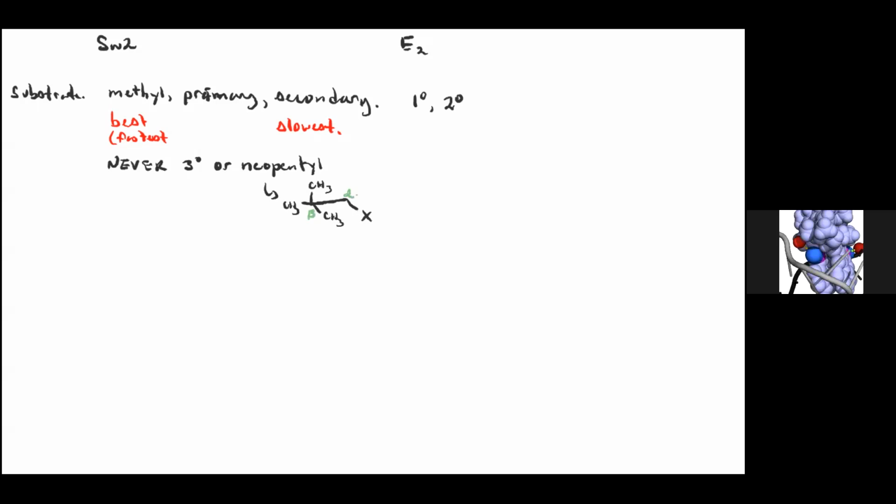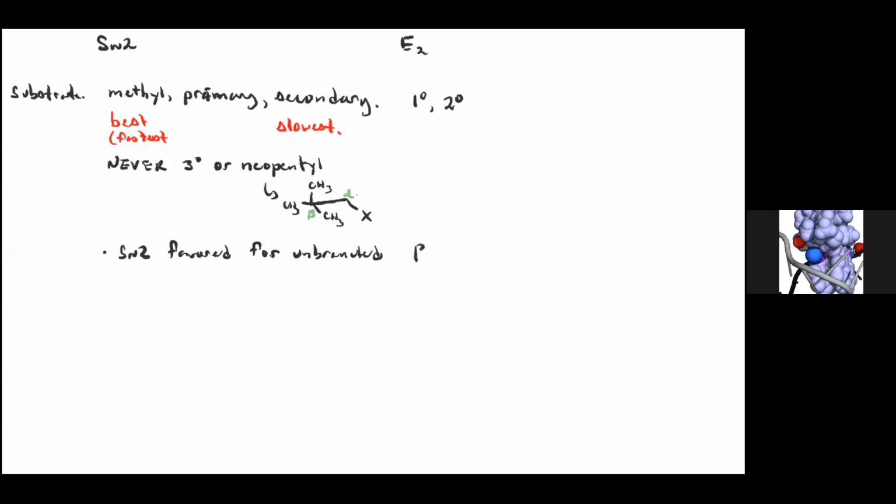As we discussed in the book or in the other lectures, these two reactions are competitive with one another. One of the parameters that you need to consider is the degree of beta branching on the substrate. What we say is that the SN2 is favored for unbranched substrates, and the E2 is favored when you start to have more branching.